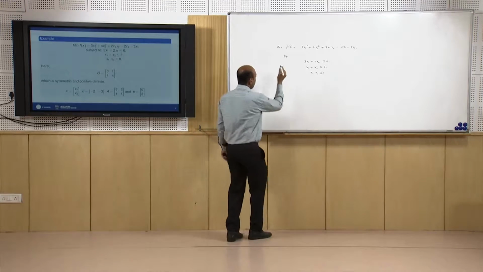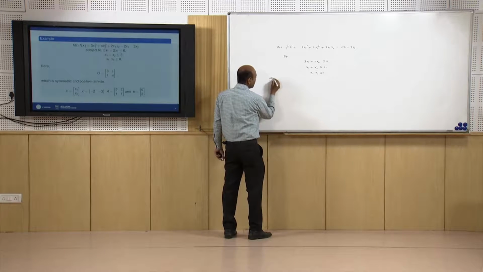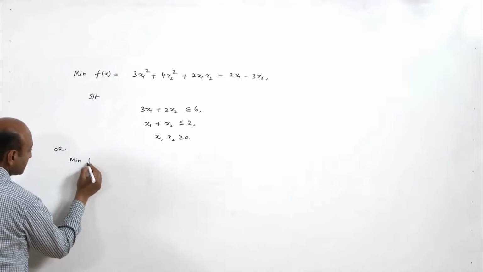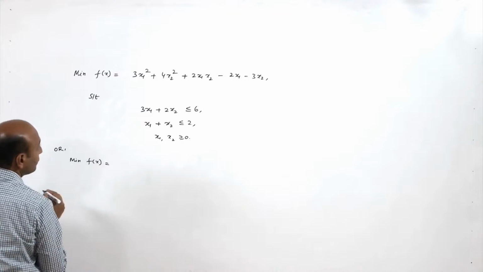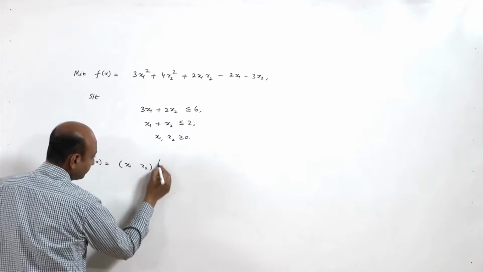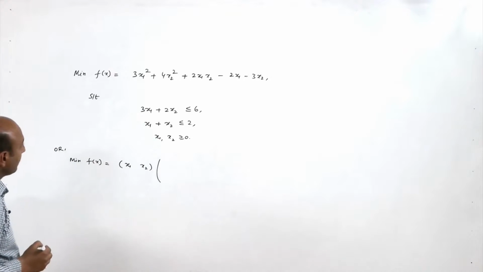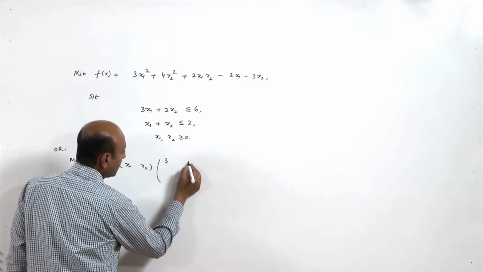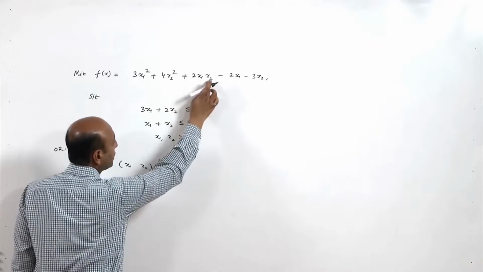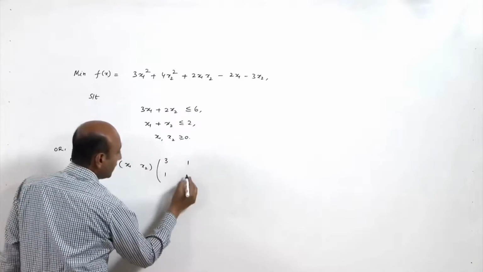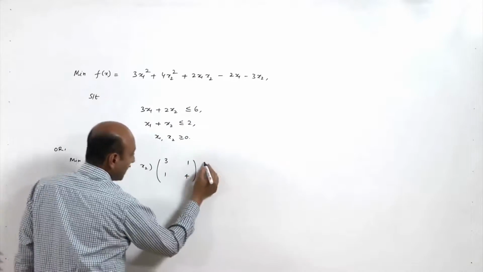Now, the objective function f(x) can be written as a product of matrices. You take half of the coefficient of x1x2 here, 1, with 3 here and 4 here, times x1, x2.